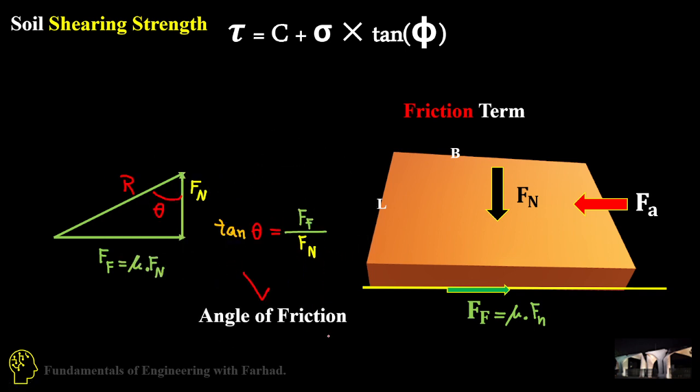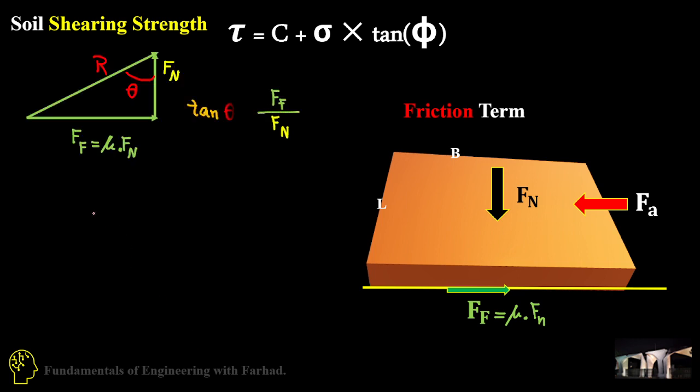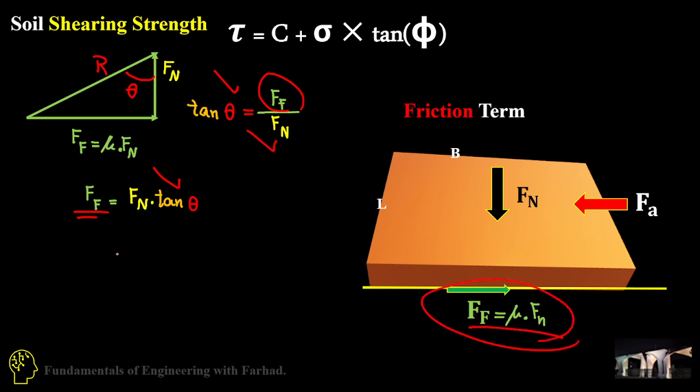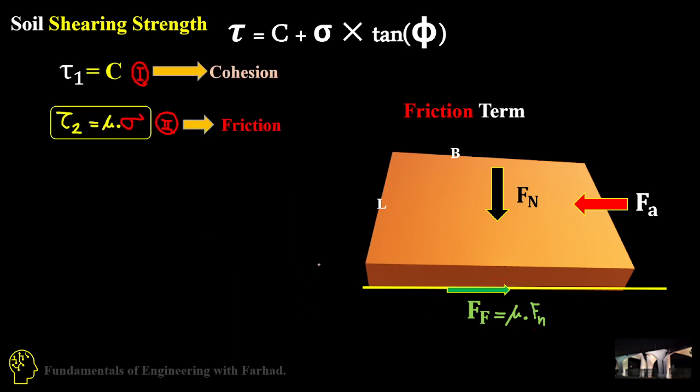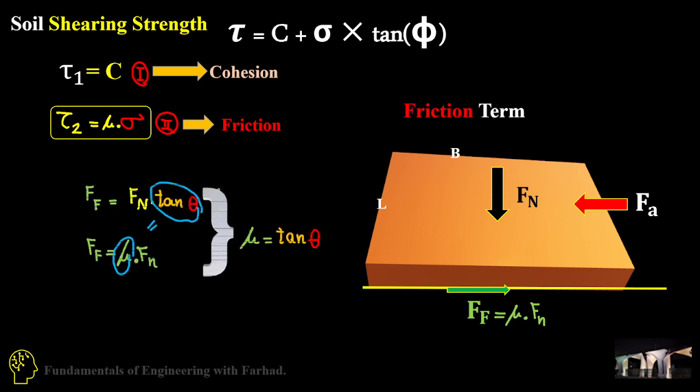So if tangent of theta is FF over Fn, we can rearrange the equation, and one can say frictional force is normal force times tangent of theta. From the other equation, the main equation for friction force is mu times normal force, and if you equate these two terms, mu is nothing but tangent of theta. The coefficient of friction is nothing but tangent of theta.